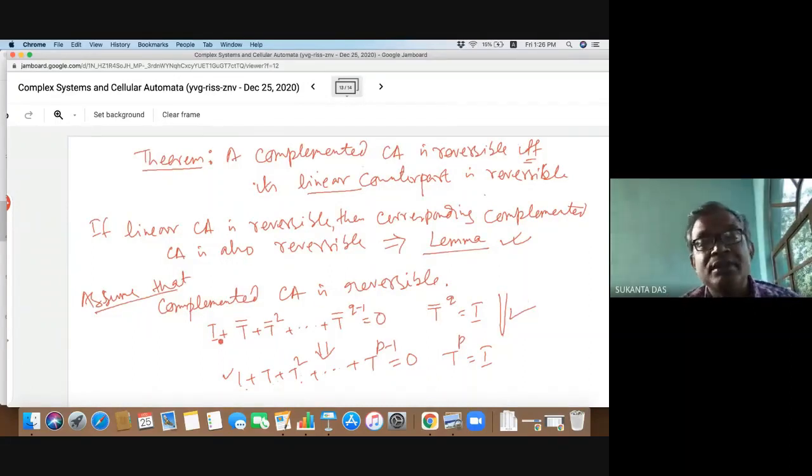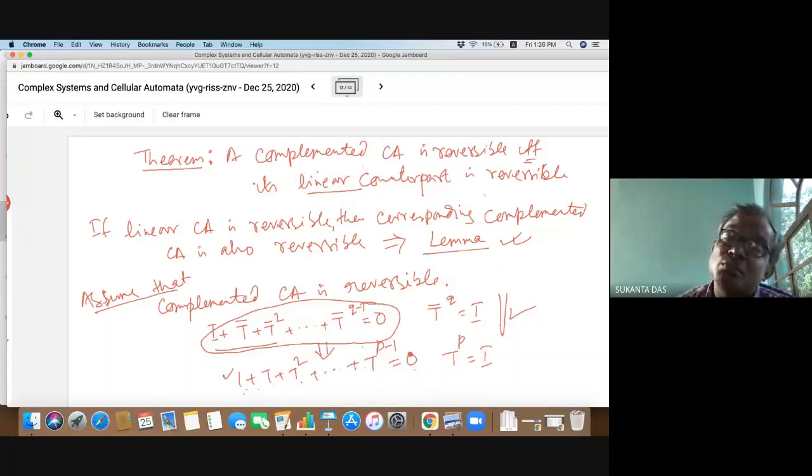Okay. Therefore, if this part is given, from this one we get that (I + T)^2 to the power p minus 1 equal to 0 and T to the power p equal to I for some p. Right? Hence the proof.